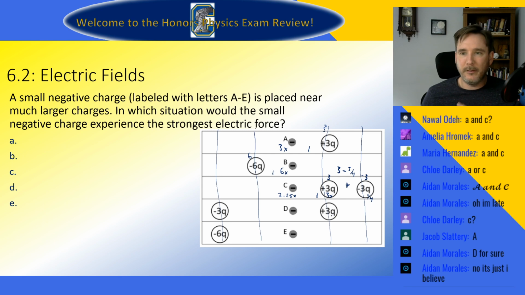All I'm doing, and I'll just explain it with this one: because of the +3 charge, it's going to feel +3 force. Because of the distance, it's only 1 unit away, so it's going to experience 1 over 1 squared times that. And so the total here is basically a +3 to the right. Over here, we've got a -3, and it's double the distance, so it's going to feel 1/4 of that.